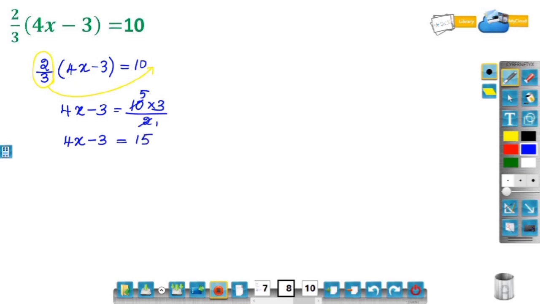So 4x minus 3 is equal to 15. Now take minus 3 to the RHS. So 4x is equal to 15 plus 3. 4x is equal to 18.